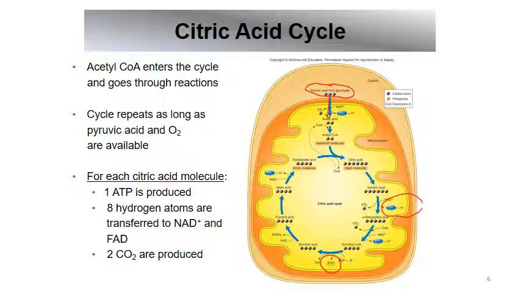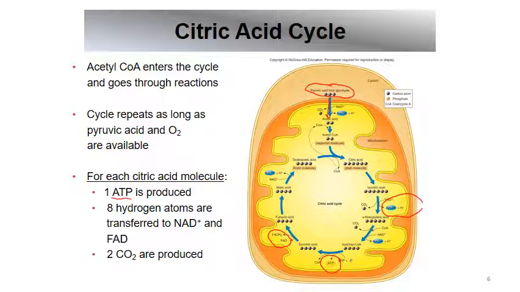And here's another molecule that also takes away hydrogens, FAD. And FAD is vitamin B2. And so here, vitamin B3, the NAD, and vitamin B2 are taking away the hydrogens. And at the end of the citric acid cycle, again, a little bit of ATP is produced.